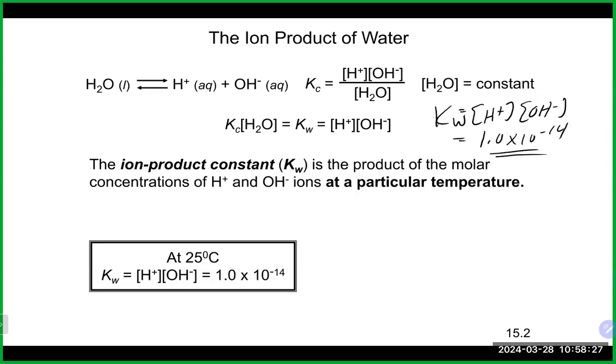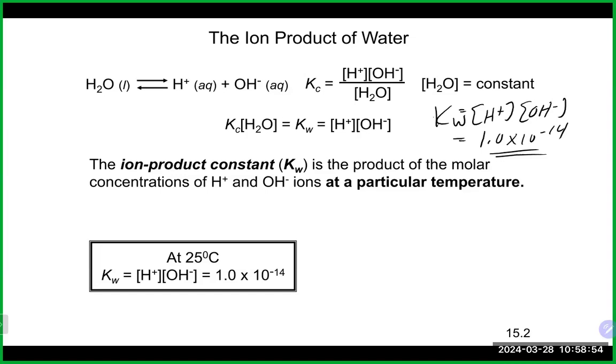For most cases, you can think of it as a constant. You always have that available to you, the 1 times 10 to the minus 14. But as we talked about with equilibrium constants, if the temperature changes, so would the value of Kw. So probably 99% of the time, 1 times 10 to the minus 14 is going to be the number that you're going to use for Kw.